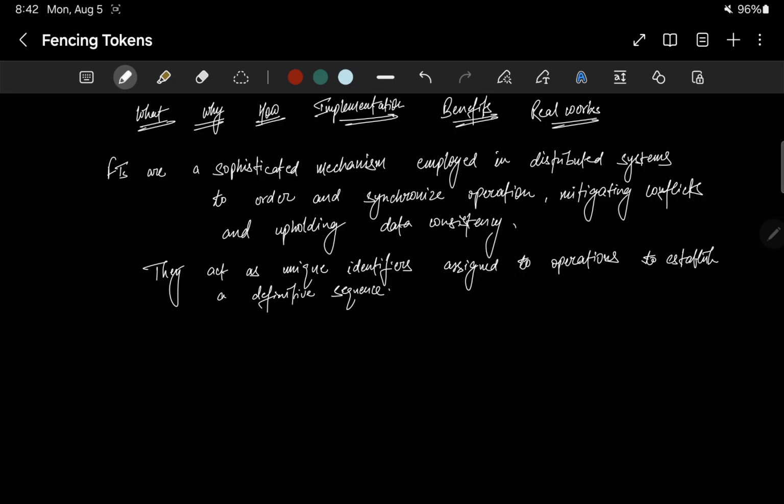In distributed environments, fencing tokens play a pivotal role in ensuring correctness and preventing conflicts. They are crucial for maintaining the integrity of data across distributed nodes, contributing to the overall reliability and stability of the system.